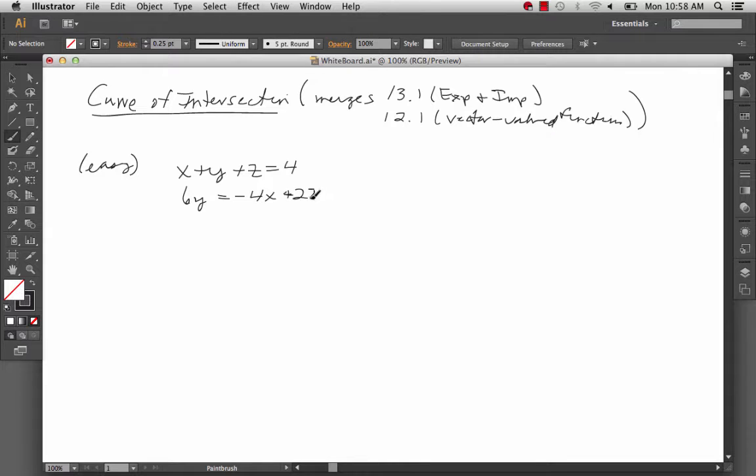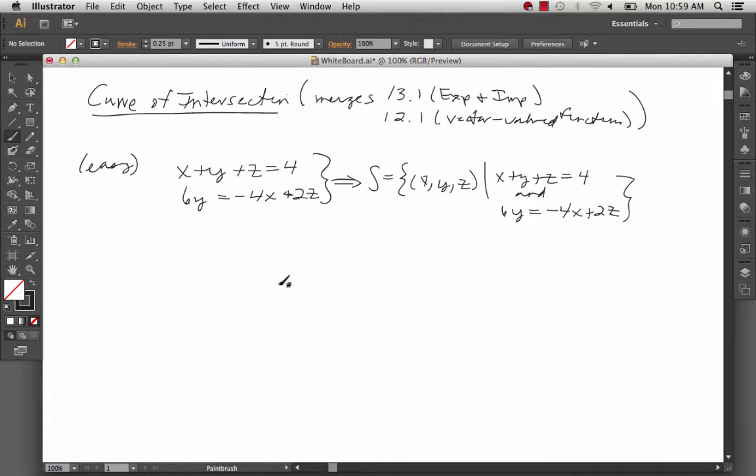We can take these two objects and they would form a subset of R3, because we have x, y, z, three variables, such that x plus y plus z is equal to 4, and the x, y, z values have to satisfy the second equation also.